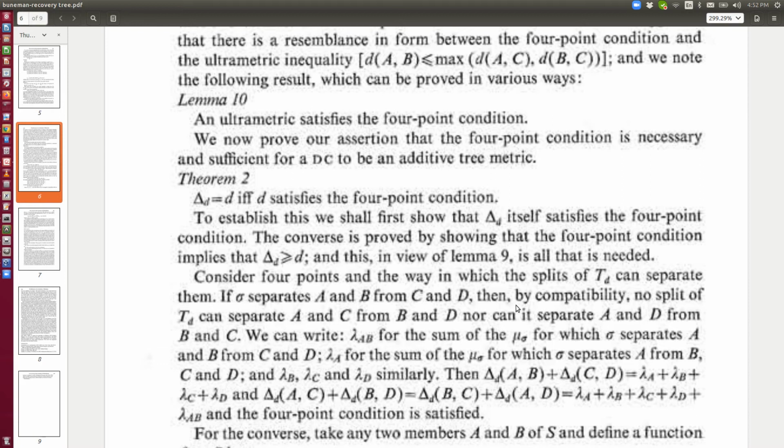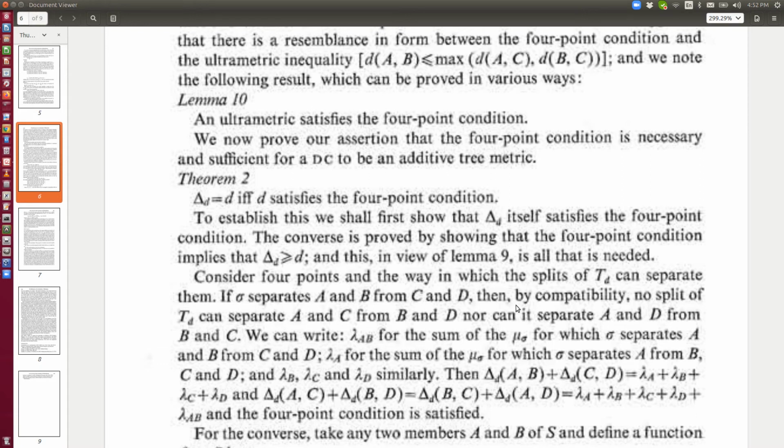It's saying that if we have a metric D, a lateral distance D, or what they call the similarity coefficient, to describe distance between all the points, and I will have this induced additive metric delta D, and that D will be equal to delta D if it satisfies this 4-point condition.